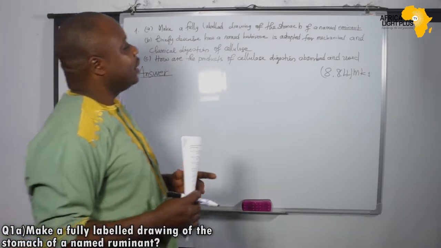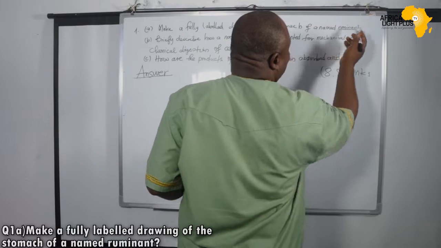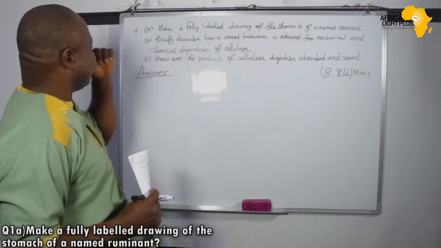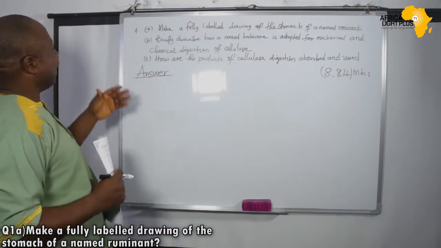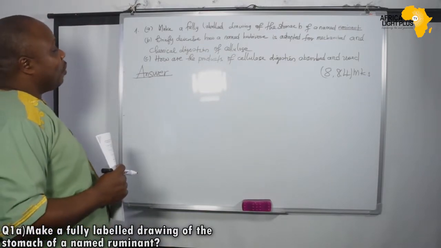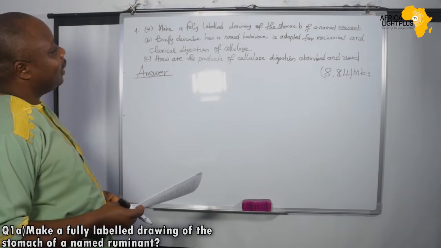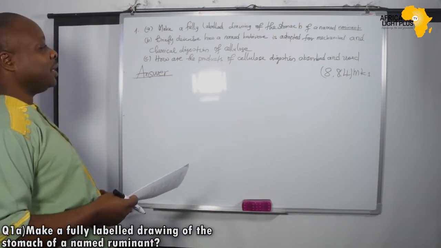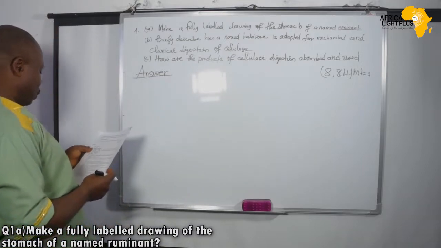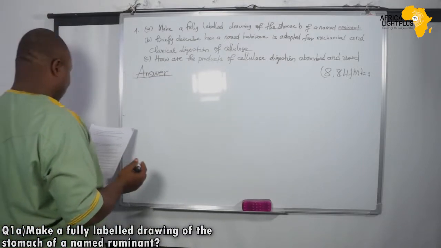There is the non-ruminant and the ruminant. So in this case, the question says we should draw a fully labeled diagram of the stomach of the ruminant. So we are not interested in non-ruminant. So straight away we'll look at the drawing.